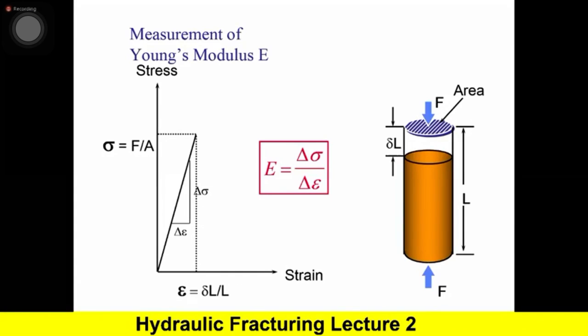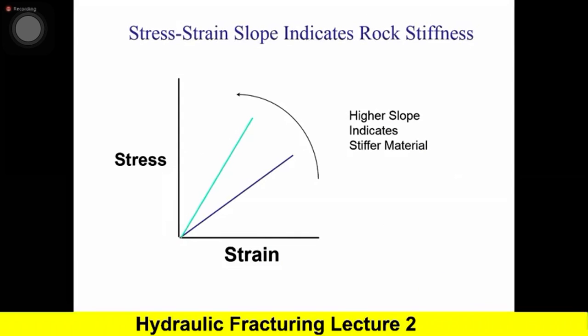If you work with metric units, then you need to translate that. The stiffer the rock is, the higher the slope. If I go into softer rock, the slope is smaller, so it's a smaller Young's modulus.